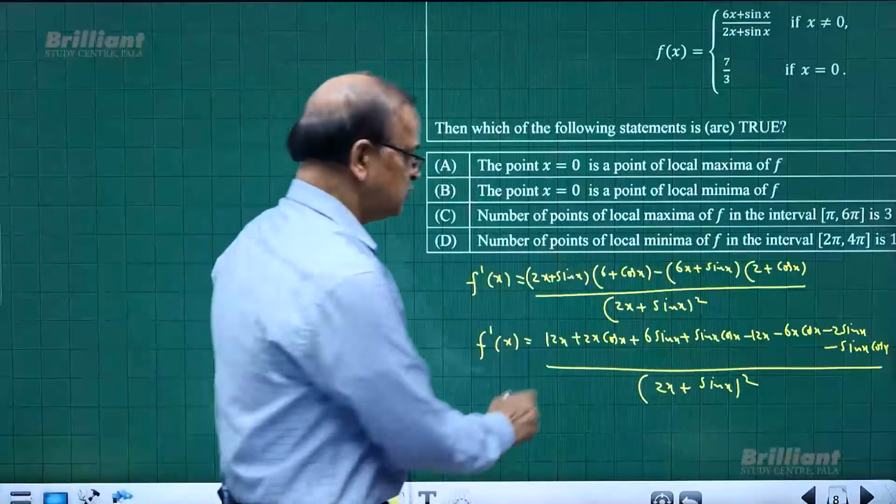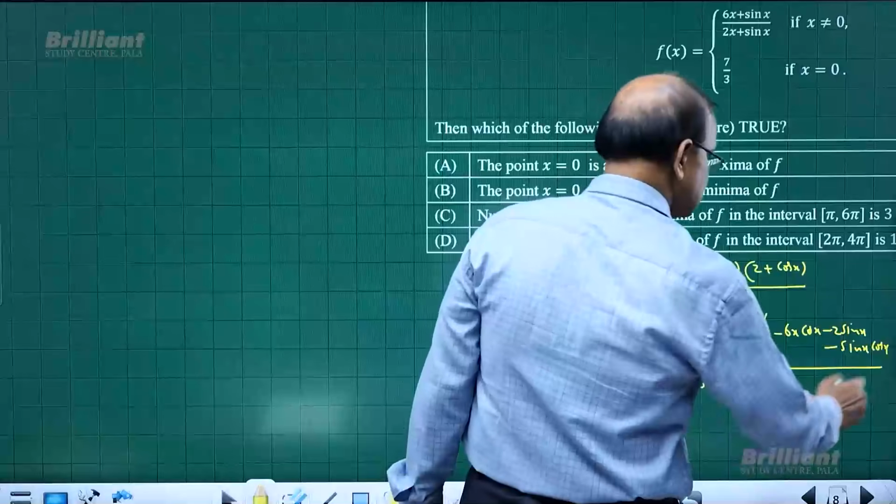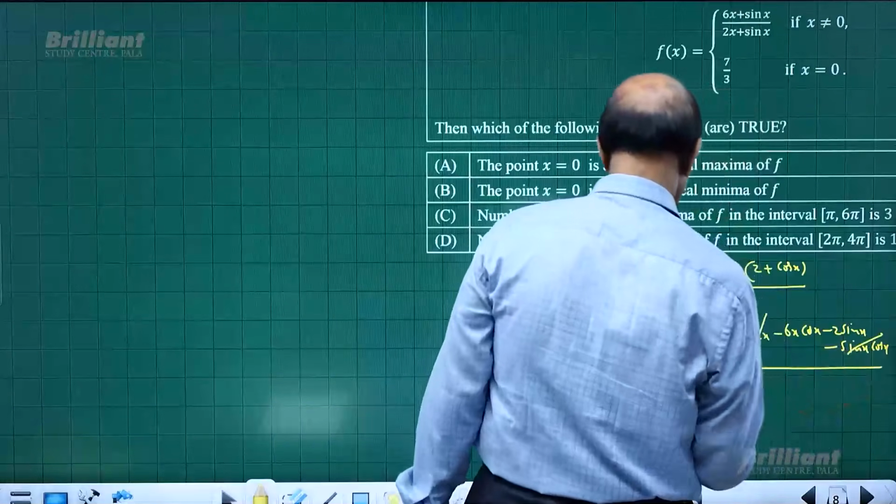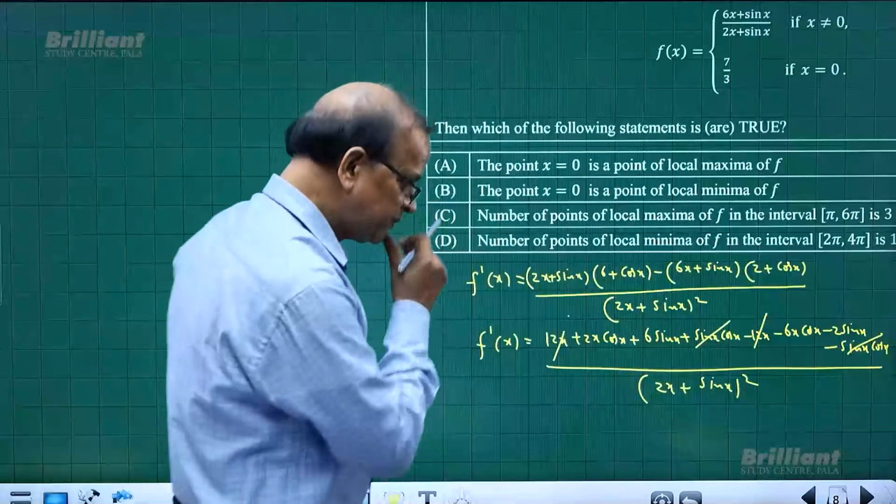Okay, now here 12x cancels, sin x cos x cancels.